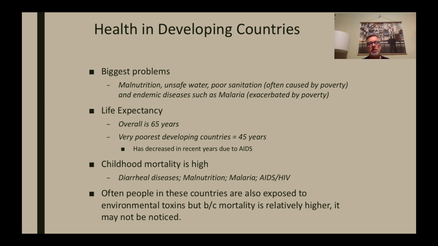Often people in these countries are also exposed to environmental toxins, and often at much higher levels than those people in developed countries. But because mortality is relatively higher in those countries, it may not be noticed. And that indeed is a problem. And we'll see some examples of that.